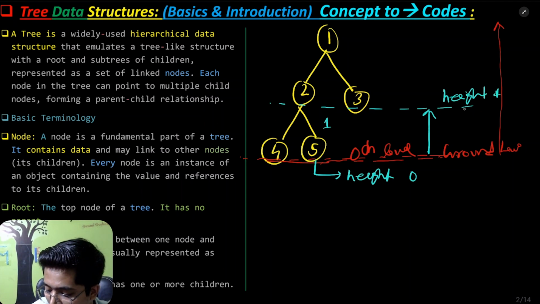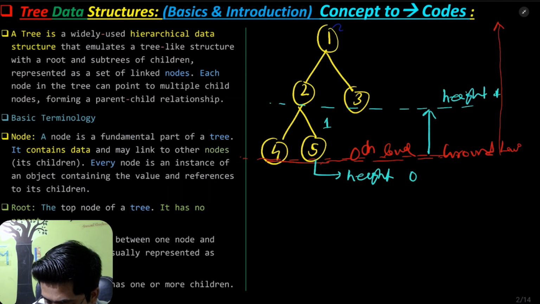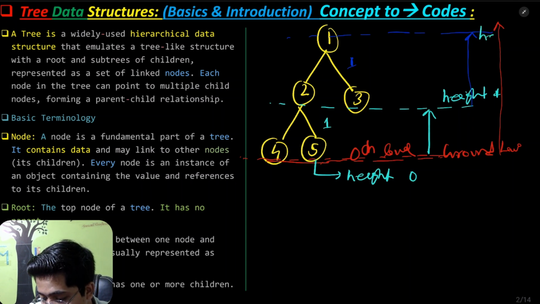If we move more upward to that level, we get one more child, so in total the height becomes 2. In tree terminology, this is height 2.